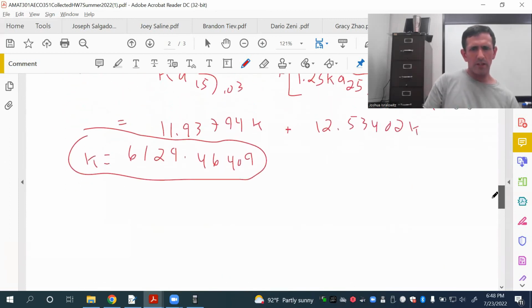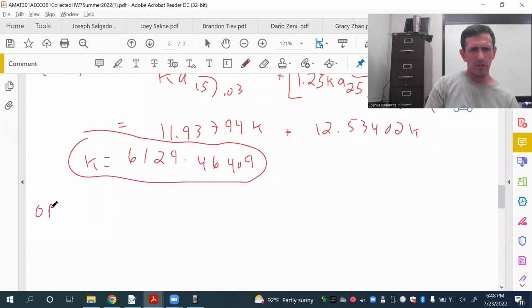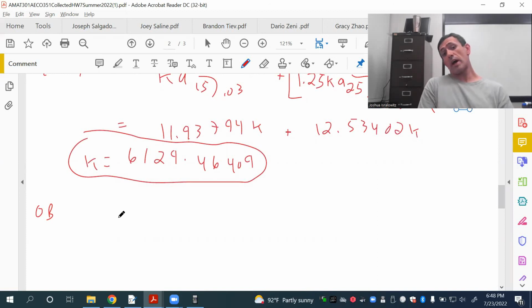All right, so let's do the outstanding balances. I don't have constant interest and I don't have constant payments, so I cannot use my formula where we have constant interest and constant payments. If I really want to, I can do it when I do the loan reset.